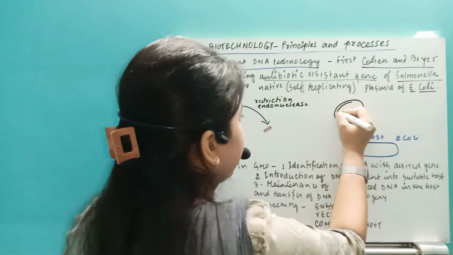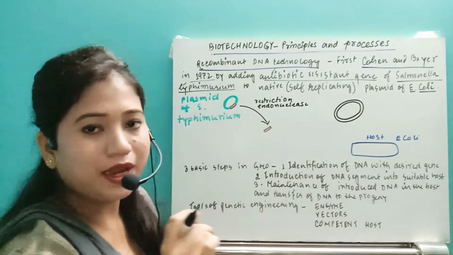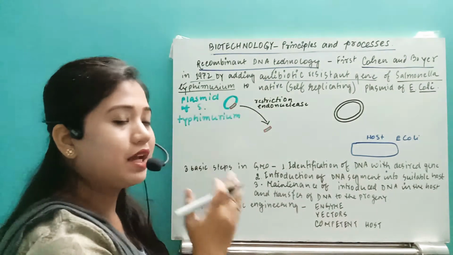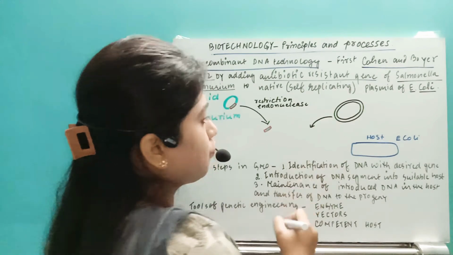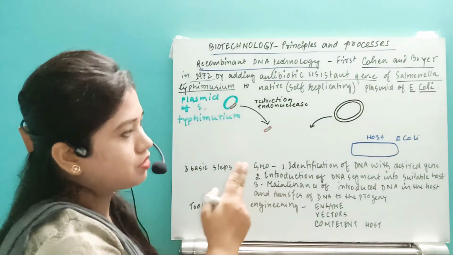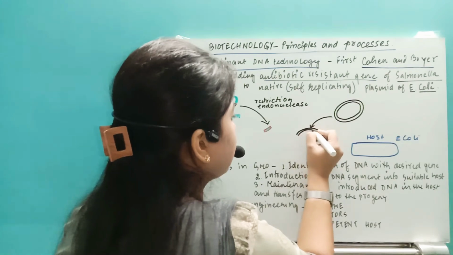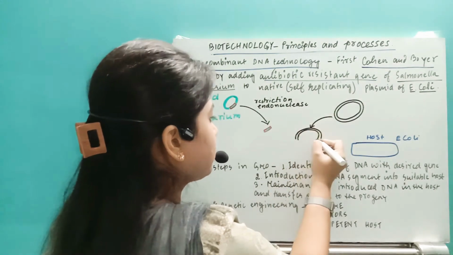So in that vector, once again we will find the respective site that will be cut by the same restriction endonuclease. So whenever we cut that circular DNA, what will happen? It will be cut, it will be a straight structure.